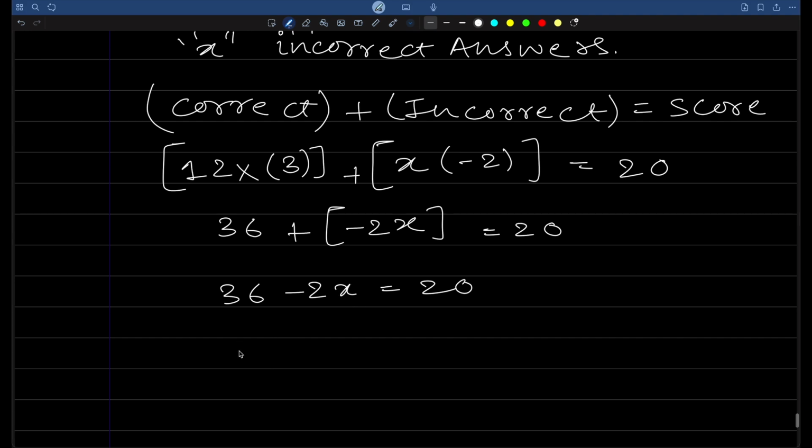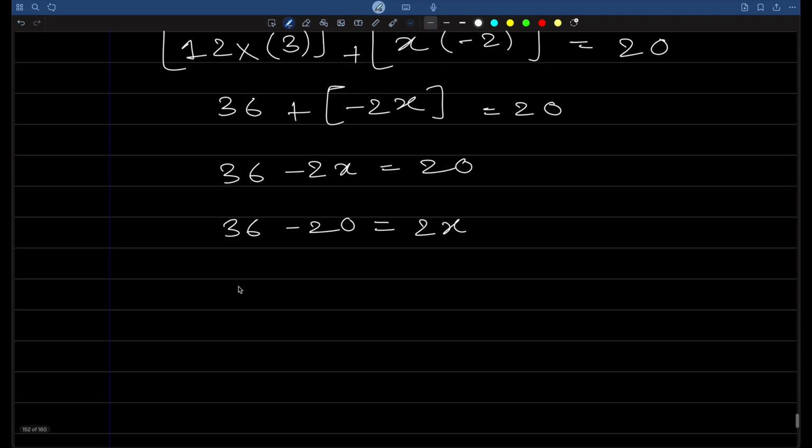Send 2x on the right hand side, 20 on the left hand side. We will get 36 minus 20 equals to 2x. Solve for x, that is 2x equals to 16, that is x equals to 16 divided by 2, that is equals to 8.